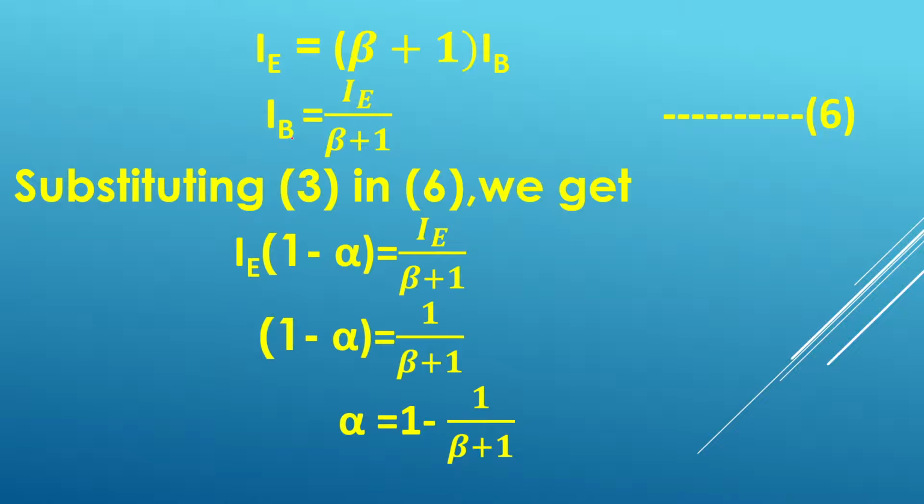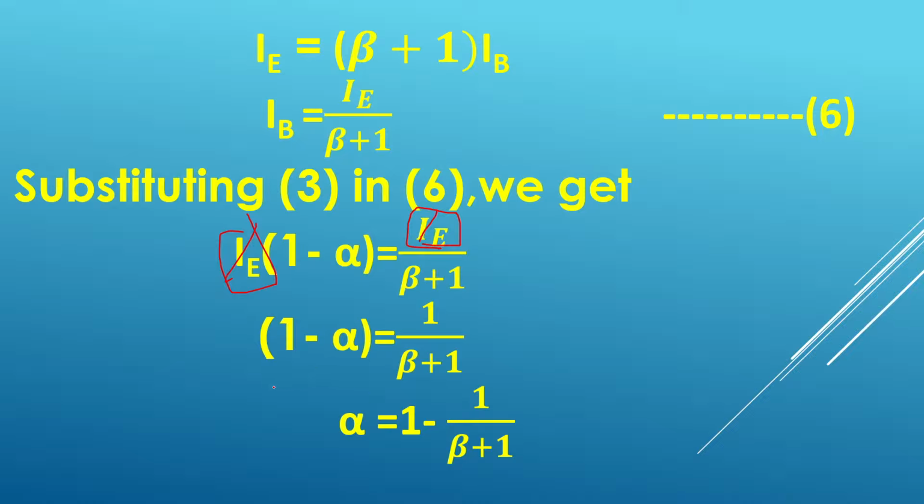What is equation number 3? Equation number 3 is IB equal to IE into 1 minus alpha. So IE into 1 minus alpha equal to IE by beta plus 1. If you see here, IE is there, here also IE is there. You can cancel IE. What do you get? 1 minus alpha equal to 1 by beta plus 1.